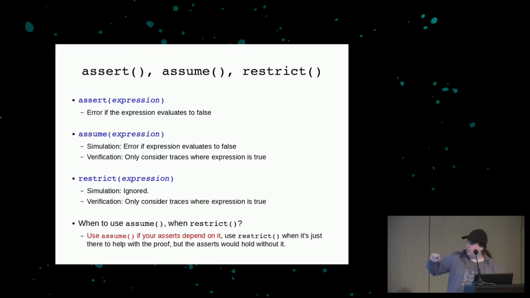With restrict, we essentially say, this makes the proof easier if we assume this expression, but it's not really necessary for our assertions to hold. And because of that, when an assumption is violated, simulation will also produce an error. But when a restriction is violated in simulation, then we don't care, because we've said the assertions don't really depend on it. It's just an additional thing for formal verification that makes the proof a little bit easier.